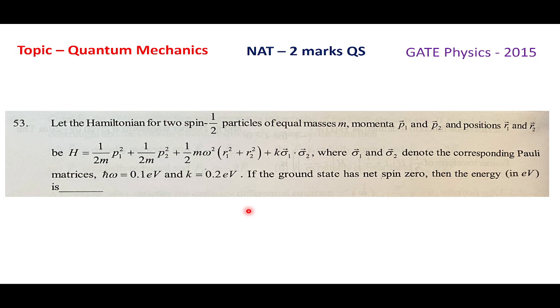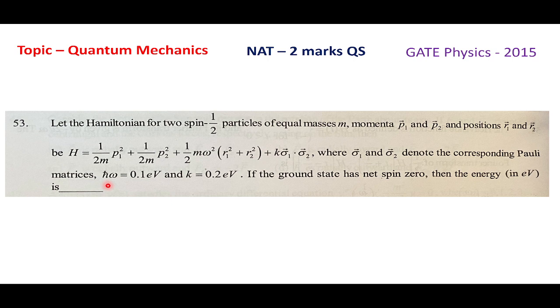The question is: let the Hamiltonian for two spin half particles of equal masses m, momenta p1 and p2 vectors, and positions r1 and r2 vectors, be H equals 1 by 2m times p1 square plus 1 by 2m times p2 square plus one half of m omega square times r1 square plus r2 square plus k times sigma 1 vector dot sigma 2 vector, where sigma 1 and sigma 2 denote the corresponding Pauli matrices.